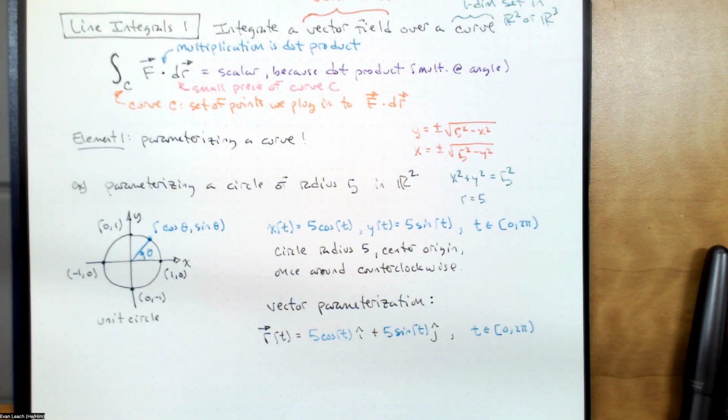I'm expressing it as a vector, a location vector. Any questions? Using our favorite well-known parameterization of a circle.